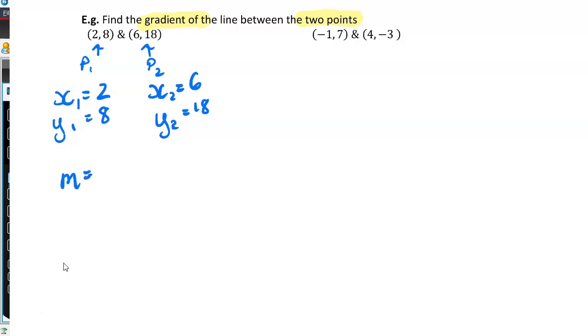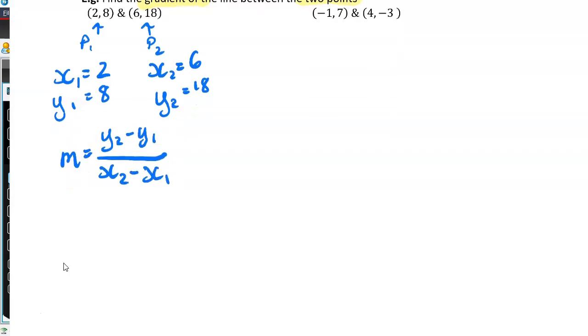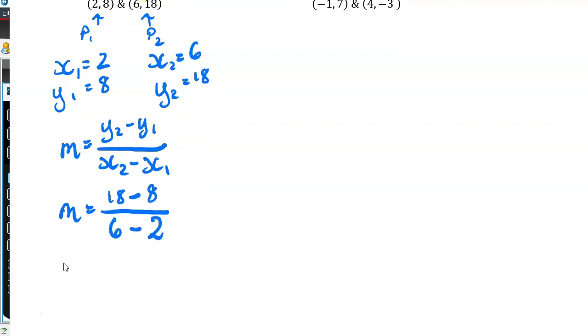So, m equals y2 minus y1 over x2 minus x1. M equals 18 minus 8 over 6 minus 2.